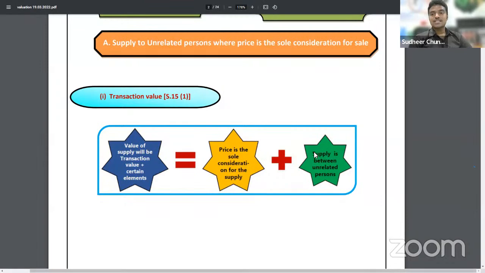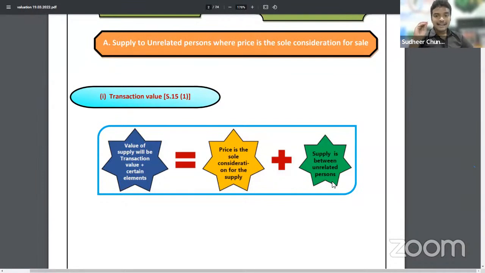And the second condition is that buyer and seller must be unrelated. First of all, what do you mean by the term relative? The definition of relative is different in different Acts. For example, even in the Income Tax Act, the definition of relative in section 48(2) is different, and in section 56 it is different.